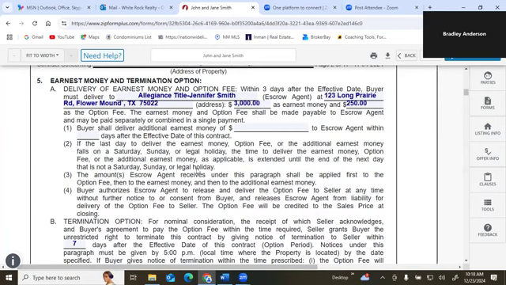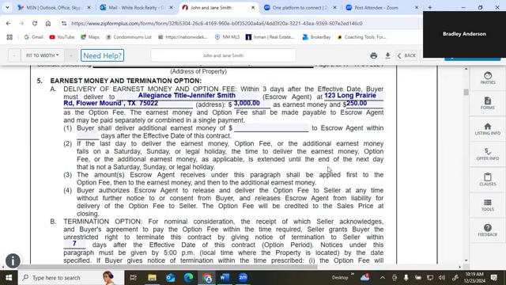And then it elaborates, if the last day to deliver the earnest money, option fee, or the additional earnest money or option fee falls on a Saturday, Sunday, or legal holiday, the time to deliver the earnest money and the option fee or the additional earnest money as applicable is extended until the end of the next day that is not a Saturday, Sunday, or legal holiday. Okay?